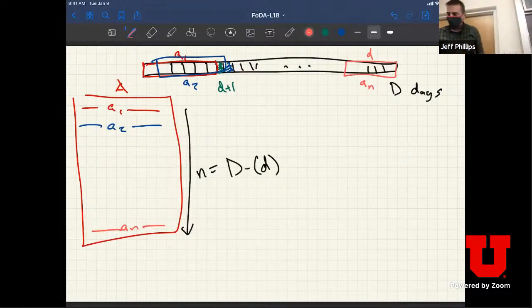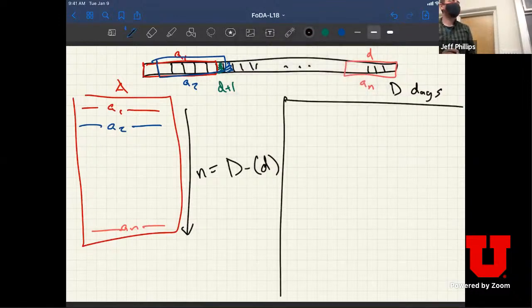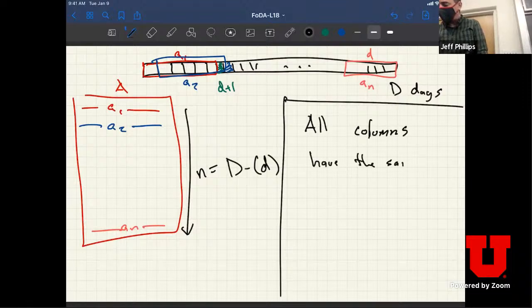Okay, so before we jump into what we're going to do and why, I want to identify a few properties that all of these have. First of all, the first important property that I really want to highlight is that all the columns, all the attributes, have the same units.